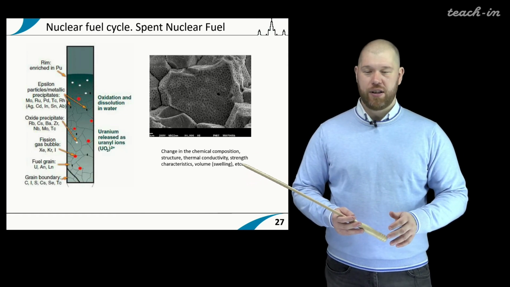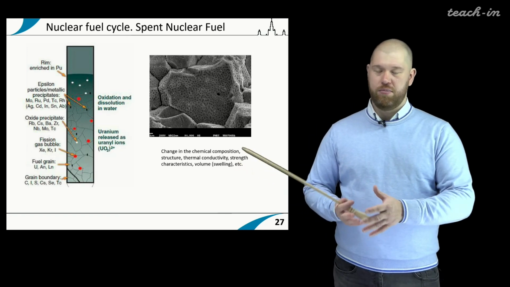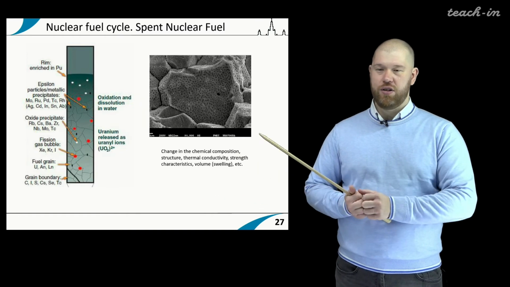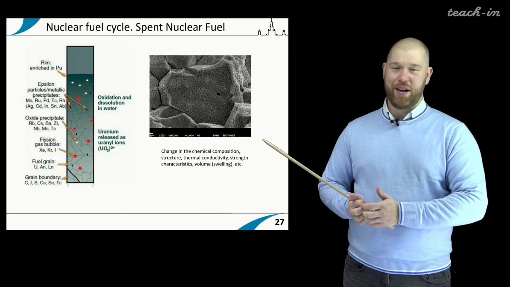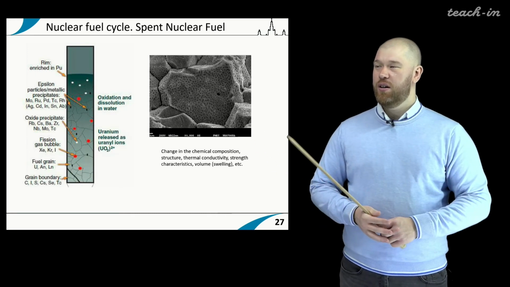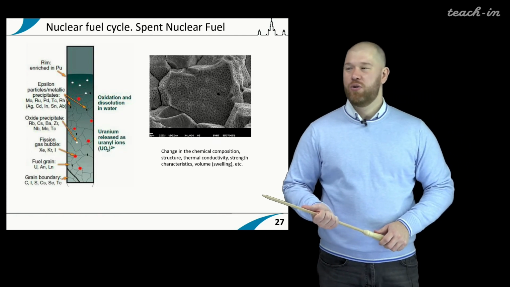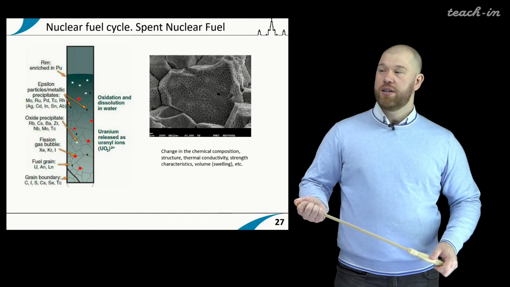That means that some isotopes of these elements can catch neutrons and not give them back. They steal neutrons from uranium, and that means that the efficiency of the fuel is decreasing.